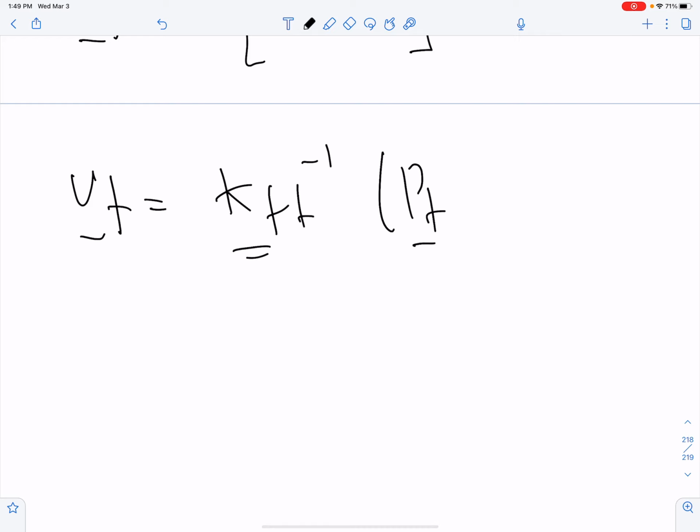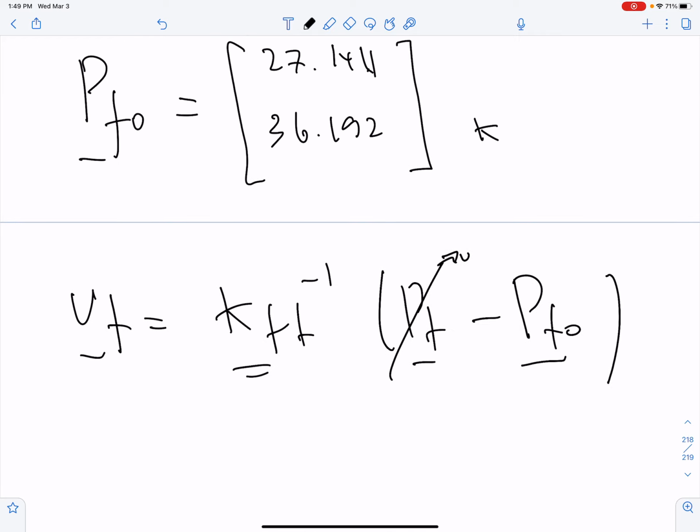So then we solve for UF equals KFF inverse times PF, which is 0 minus PF0, which we just derived from here.